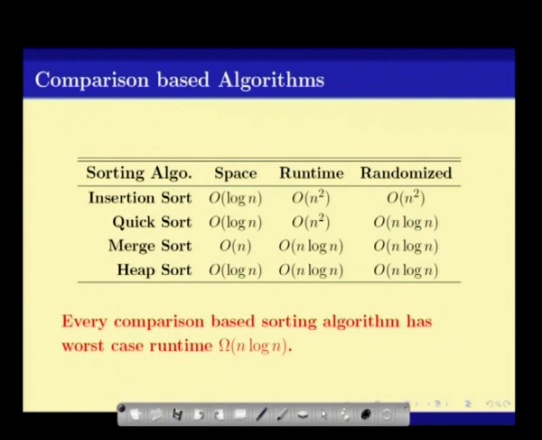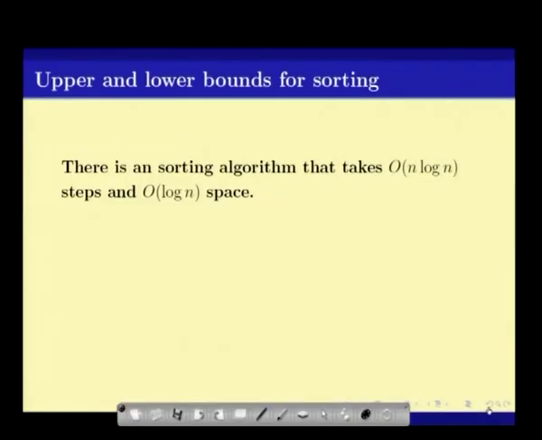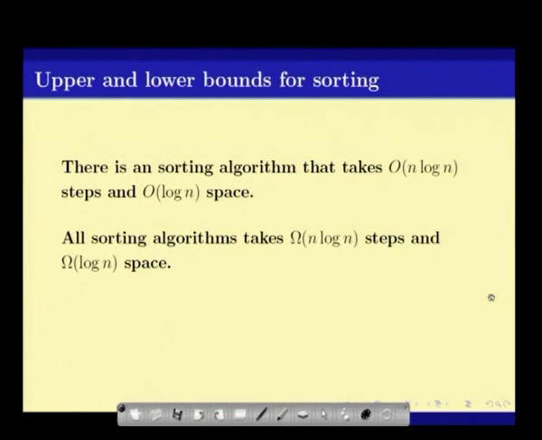We cannot hope to get better than something like heap sort in the case of space complexity or time complexity. So, thus in the case of sorting algorithms, we have an upper bound of order n log n, and space complexity of order log n, for all comparison based sorting algorithms.